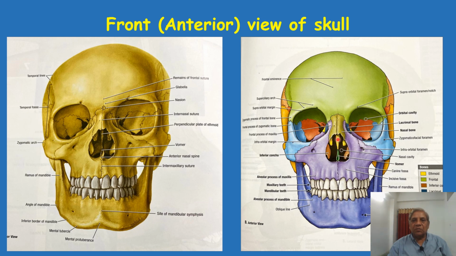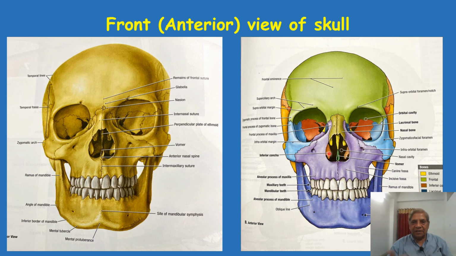The yellow colored bone which is seen through the anterior nasal aperture is part of the ethmoid bone, the perpendicular plate of the ethmoid bone in the midline, and on the side it is the middle concha. And then another bone is seen here lower down on either side. This is the inferior nasal concha.